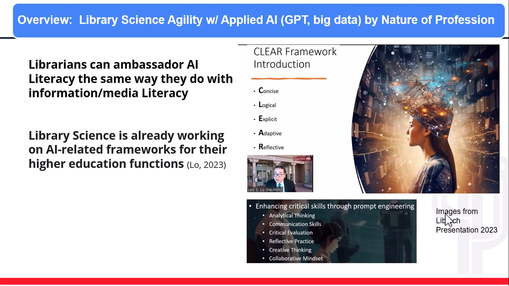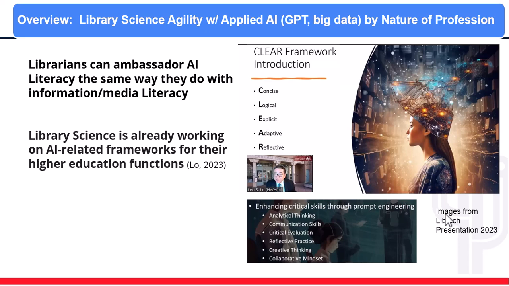So first, before anything, the overview. Not surprisingly, library science is particularly agile and, as a vehicle for information literacy, particularly open in general by nature of the profession to some roles that it may subsume, and certainly these have to do with applied AI.